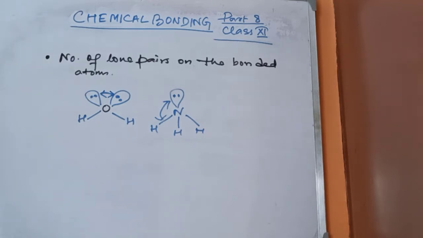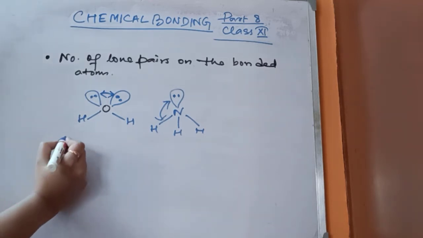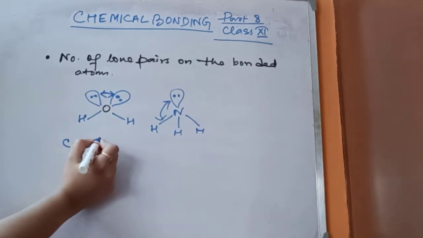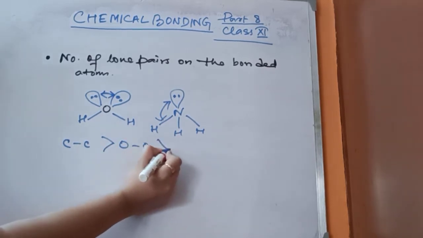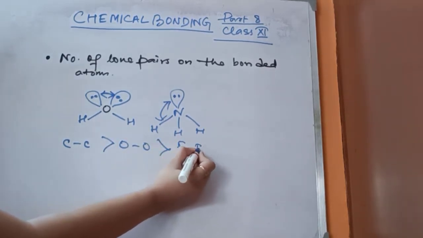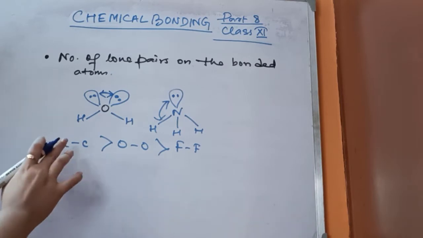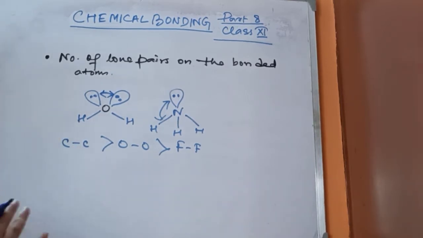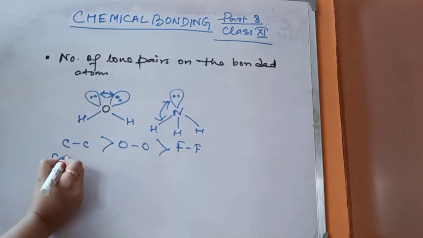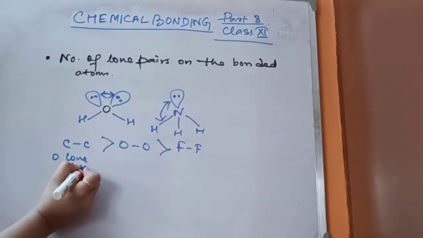As a result, the bond dissociation enthalpy of carbon-carbon is always greater than that of oxygen-oxygen, which is greater than that of fluorine-fluorine bond. Why? Because in carbon-carbon bond, on carbons, there are no lone pairs. Zero lone pair.